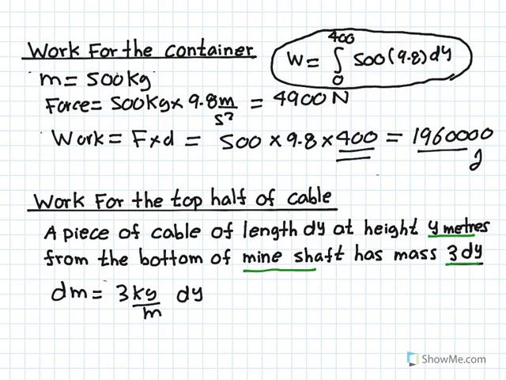This gives us the mass of a small segment of cable. Now, the force of gravity acting on this piece of cable would be 3 times 9.8 times dy. All right, so the differential force, dF, is equal to 3 times 9.8 times dy.